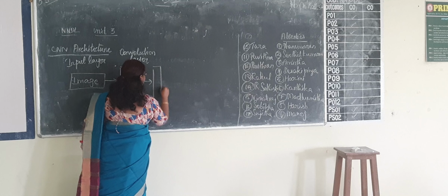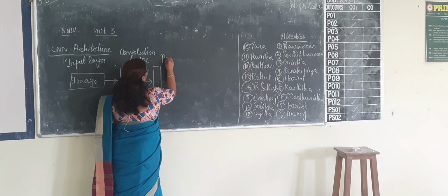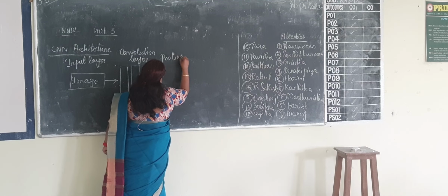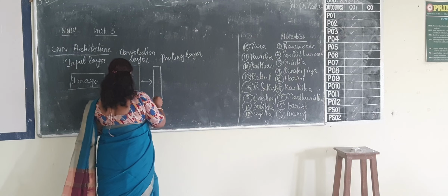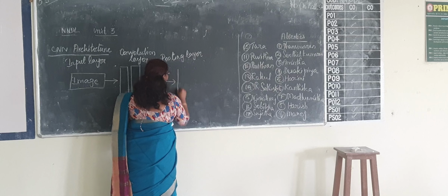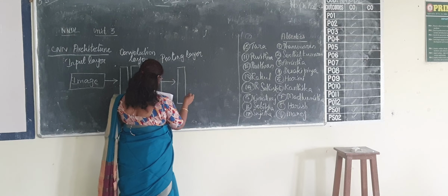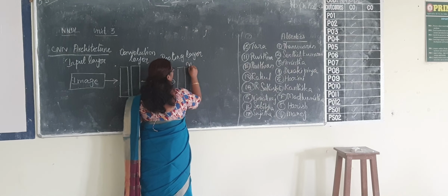Another layer we see here is the pooling layer. We will see each and every component one by one. Next is the dense layer.